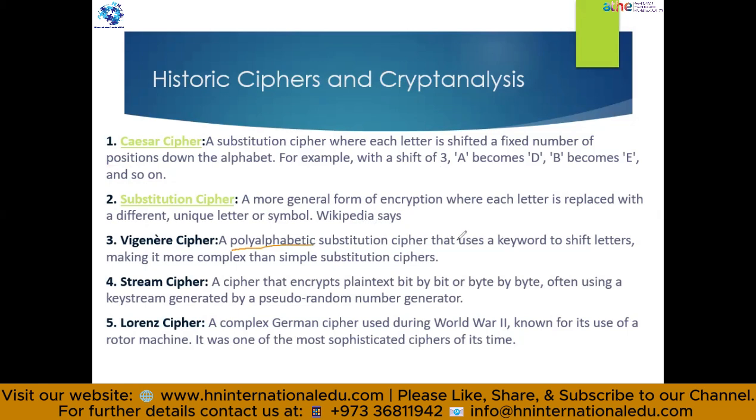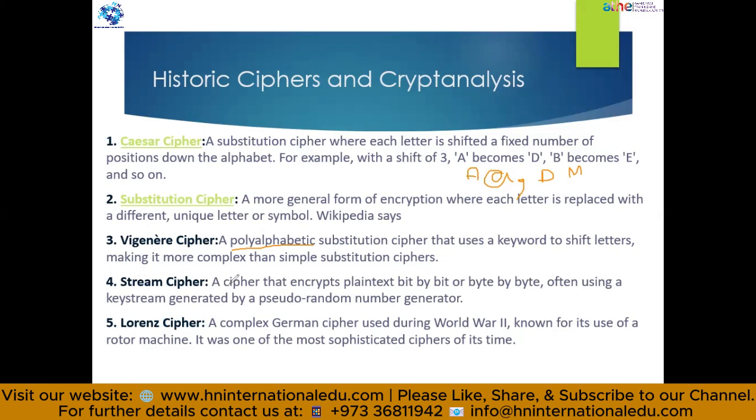Like we can say A can be replaced with @, and we can also replace A with D, and we can also replace A with M. Like one letter is going to be replaced by many letters, or maybe we can use two or three or four letters in the Vigenère cipher.